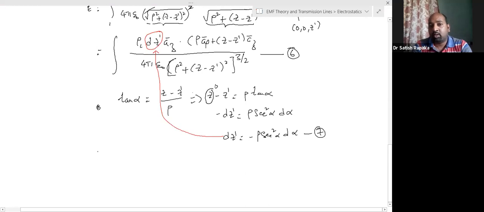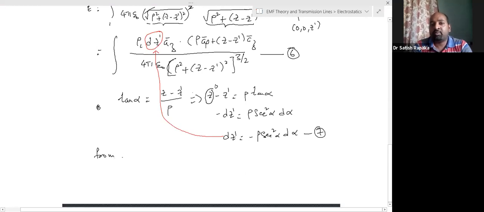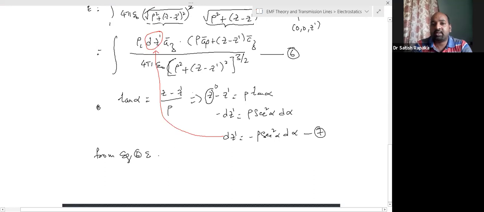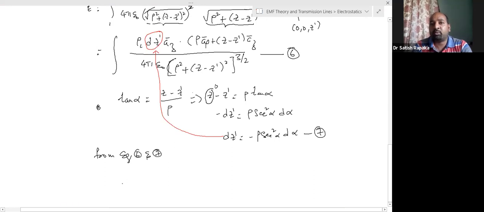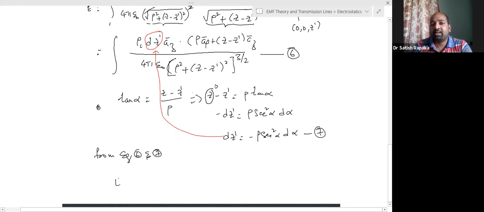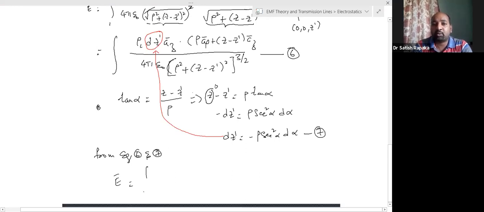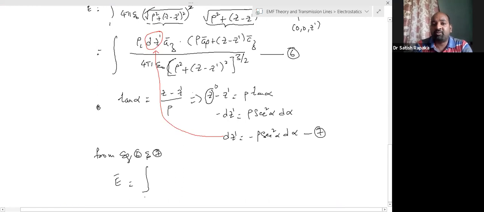So from equations 6 and 7, E bar is equal to the integral from alpha 1 to alpha 2.